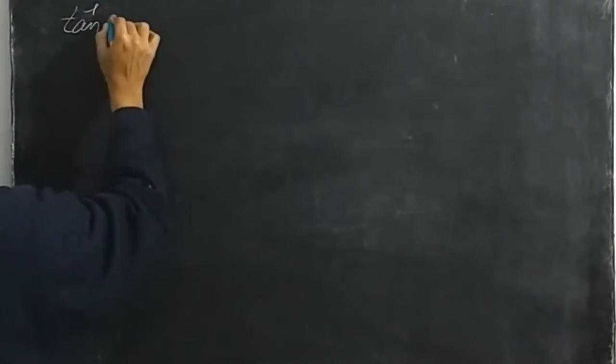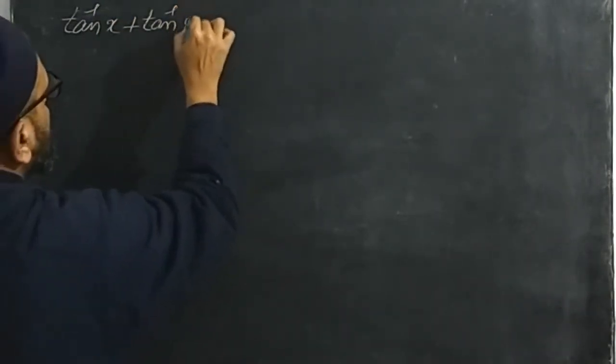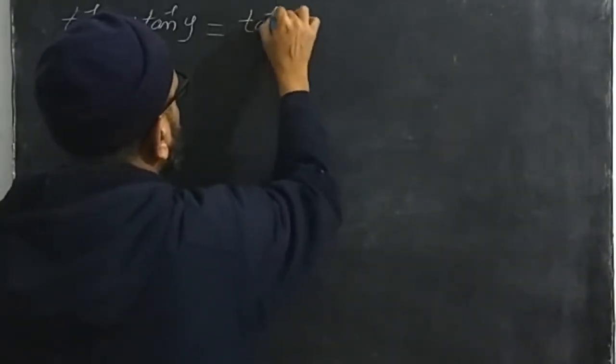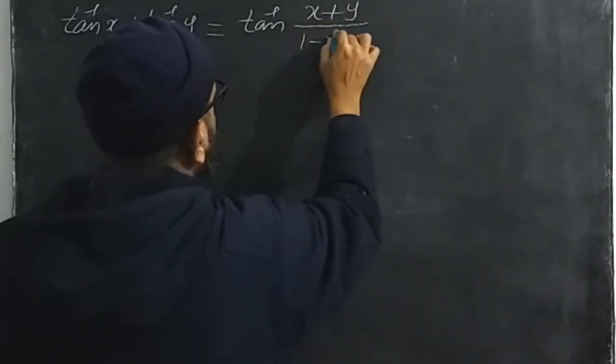Now the next formula we are going to prove is tan inverse x plus tan inverse y is equal to tan inverse of x plus y upon 1 minus xy.